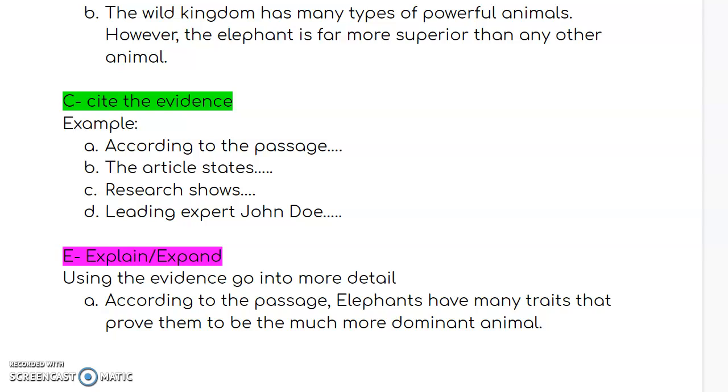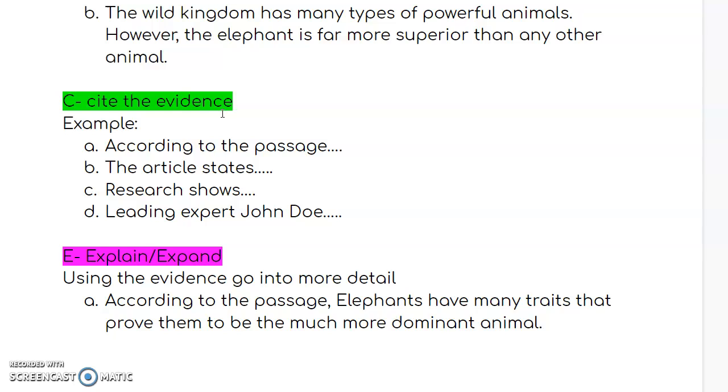When you get past your claim, you're going to need to provide some evidence. You'll have passages, you'll have videos. They might actually want you to use prior knowledge that you have from studies. This part is the C part, and it is called cite the evidence.